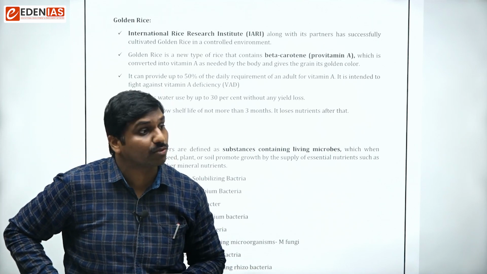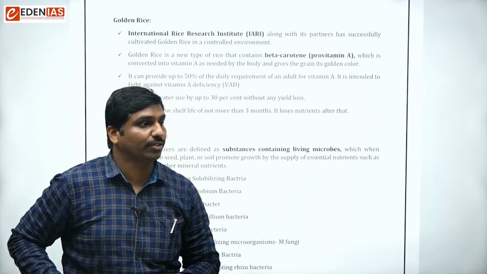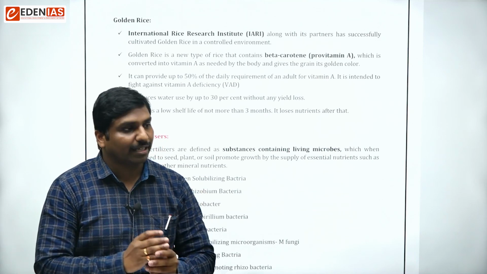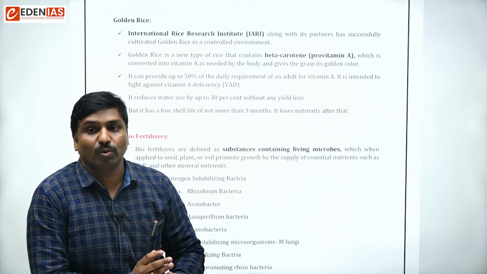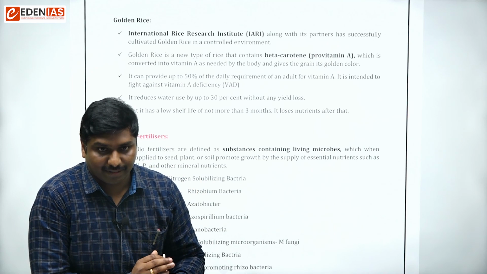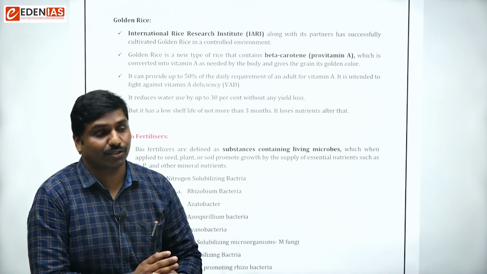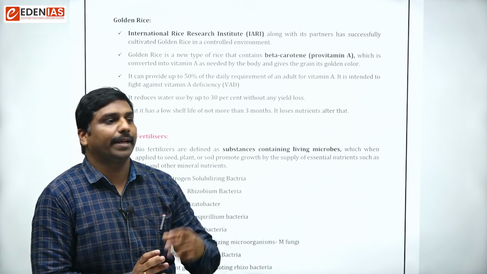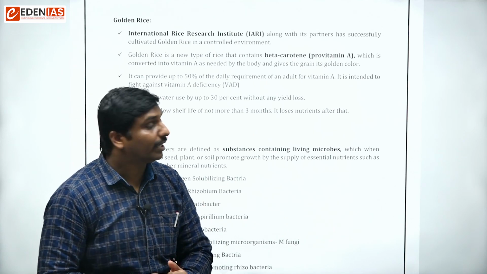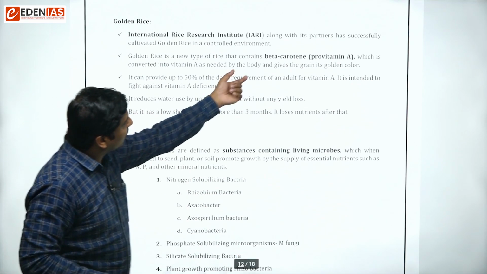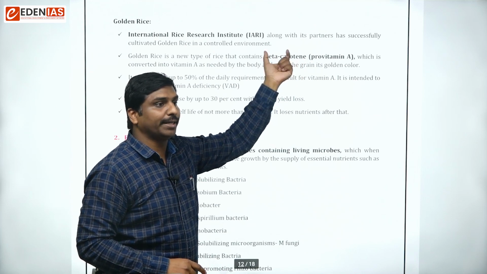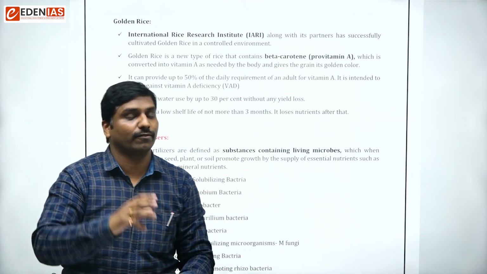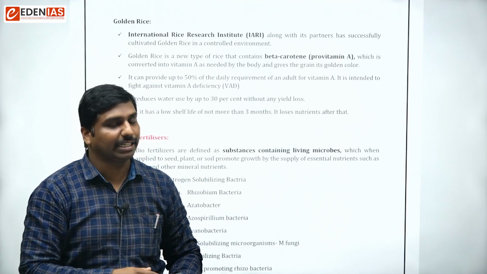Golden rice is also a kind of genetically modified crop. Have you heard about golden rice? What is the important thing that we have incorporated with respect to golden rice? Yes, good. Golden rice is a vitamin A rich variety of rice. Here the precursor is beta carotene, a kind of provitamin A, which means it is a precursor for the development of vitamin A in the body.